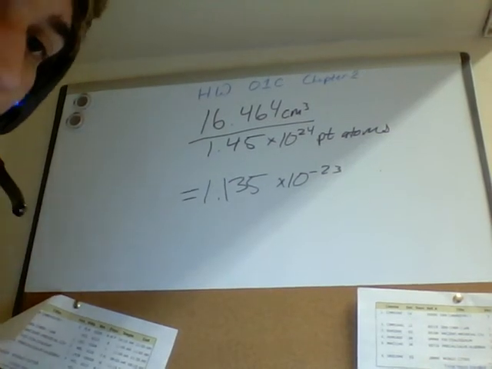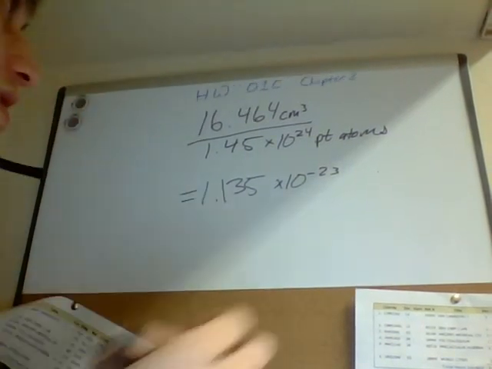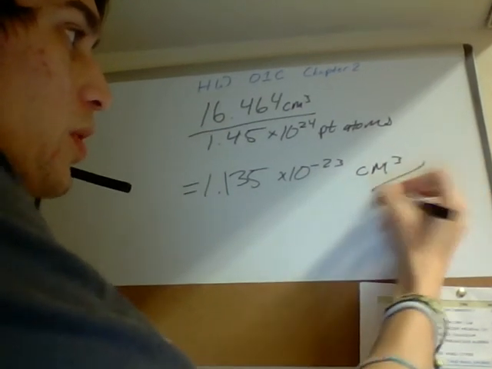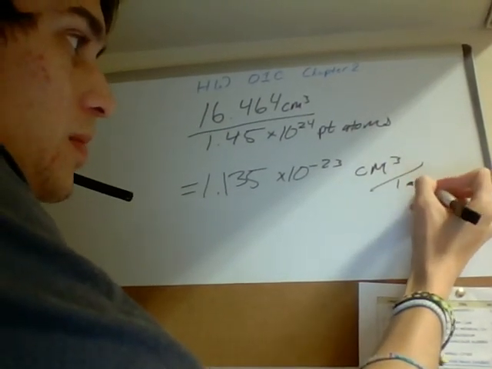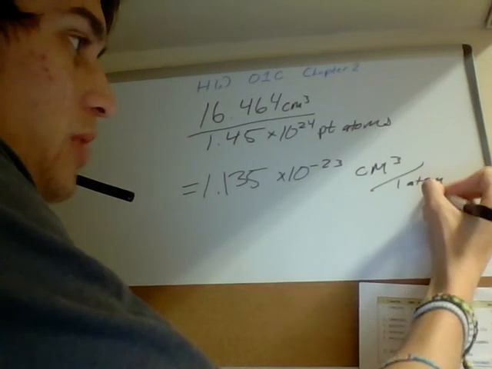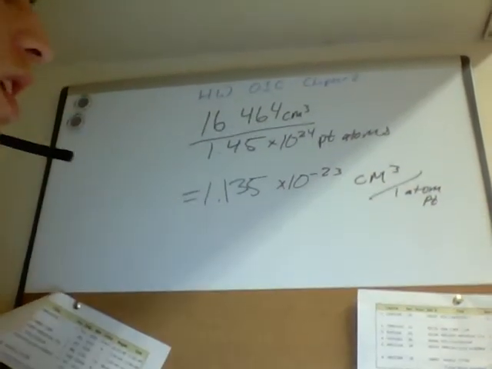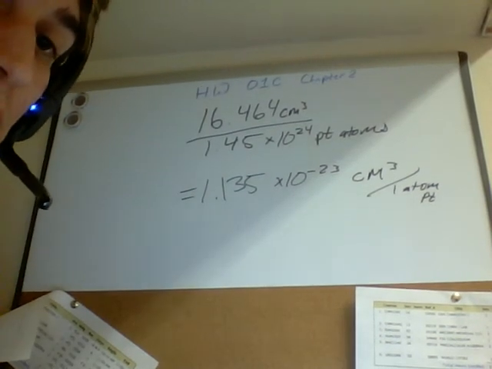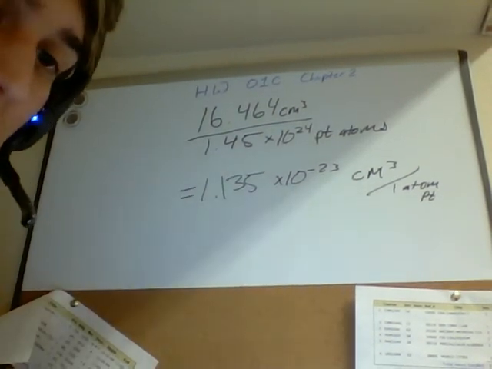So this is the volume, in centimeters cubed per 1 atom of platinum, which is what we want because we're calculating only 1 atom, not the whole cube.